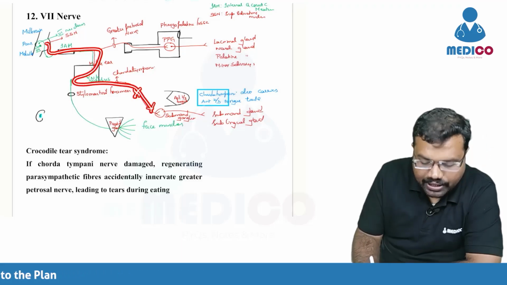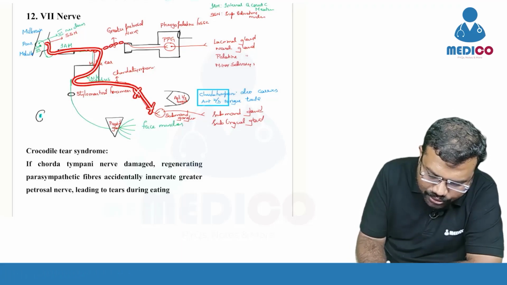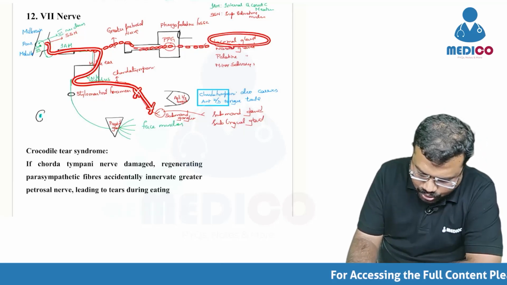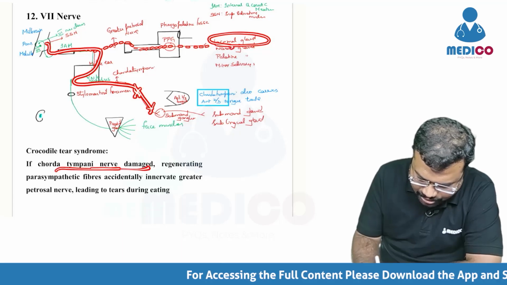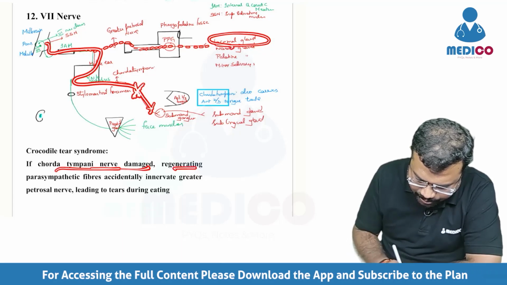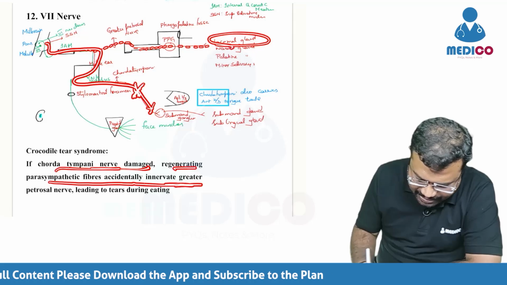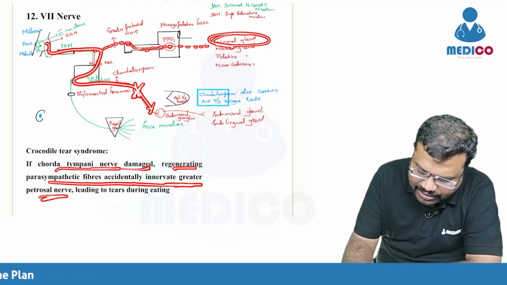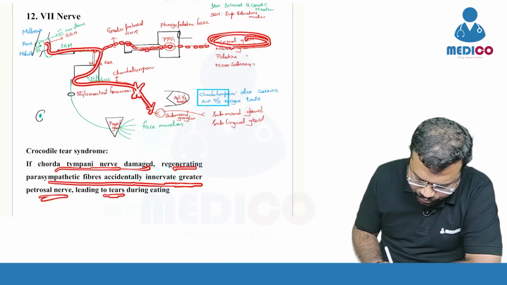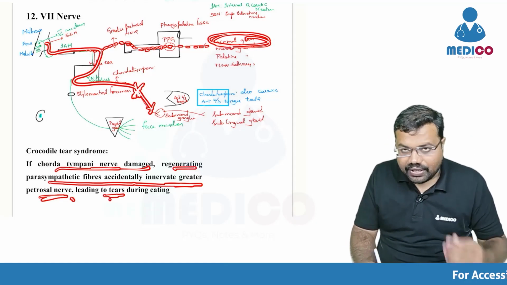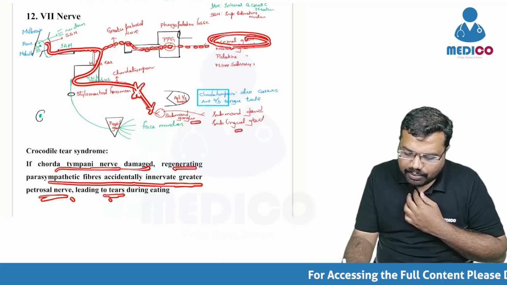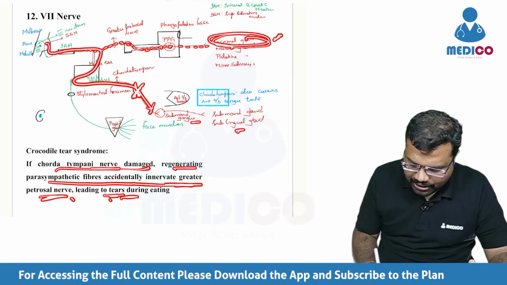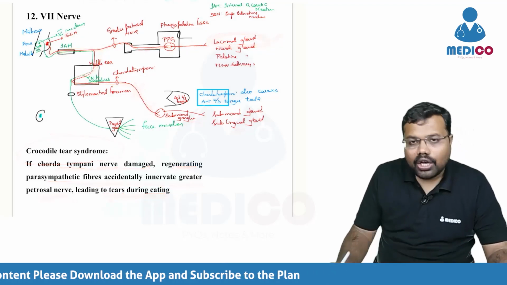The regenerating fibers should go to their original target, but accidentally they may supply the lacrimal gland. So if the chorda tympani nerve is damaged, the regenerating parasympathetic fibers accidentally innervate the greater petrosal nerve and then supply the lacrimal gland. So whenever you are eating, actually the submandibular and sublingual glands have to be stimulated, but instead the lacrimal gland is stimulated, which leads to tears during eating, and that syndrome is called crocodile tear syndrome.